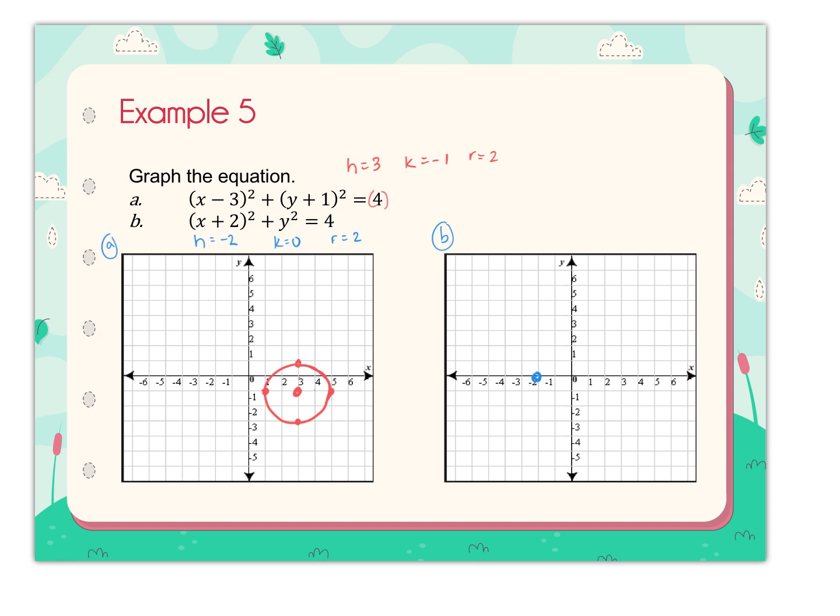So my center is here, and my radius is 2. So up 2, to the right 2, to the left 2, and down 2. And I pretty much have what I need to do my circle. And that's it.